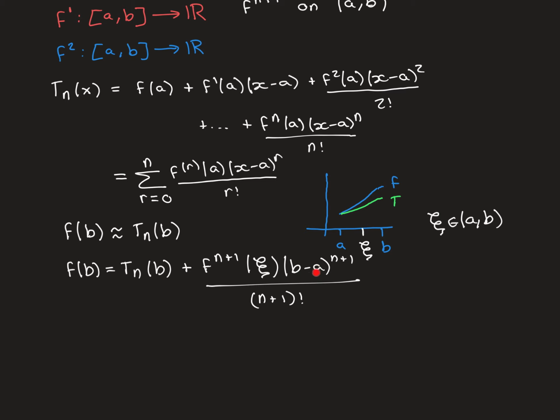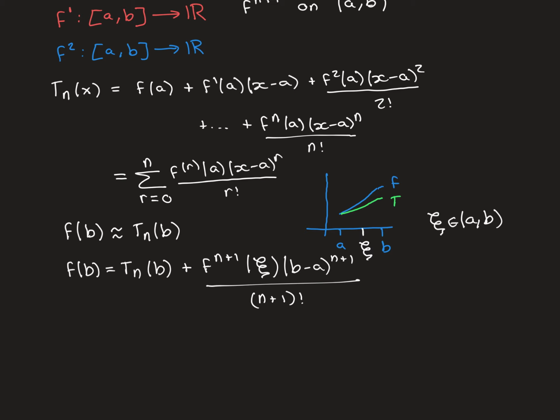You'd have to have A minus B rather than B minus A. But there will still exist a xi in between the two, such that this magic formula now makes that error value between the value of the function at A and the Taylor polynomial at A.